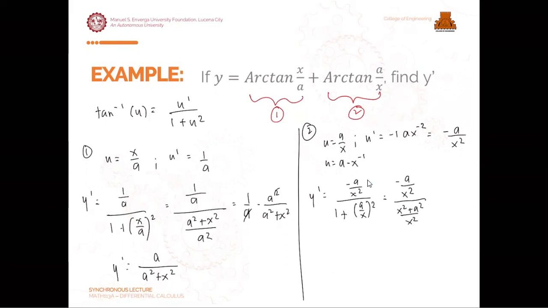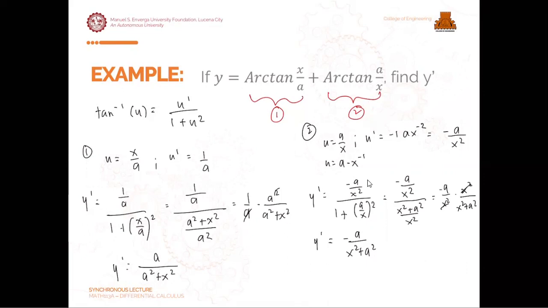Okay? Then this will be negative a x squared. Reciprocate natin yung denominator. Squared x squared plus a squared. So cancel out to. So yung second natin, y prime is equals to negative a over x squared plus a squared. Okay? So combine natin para sa final derivative natin, no?